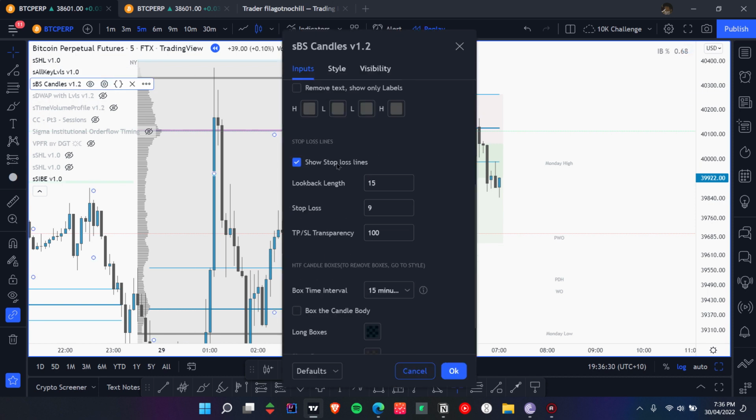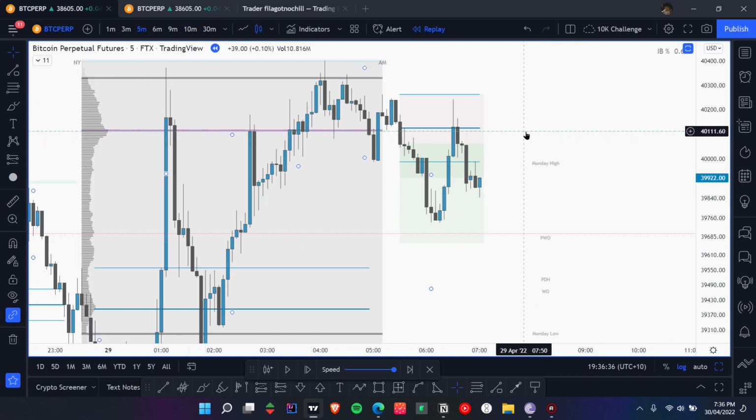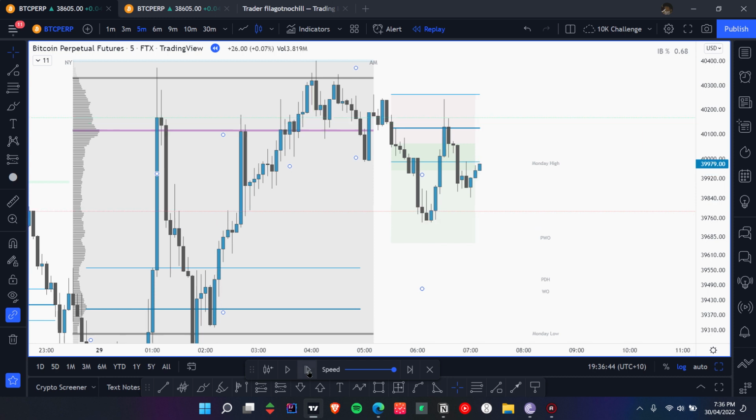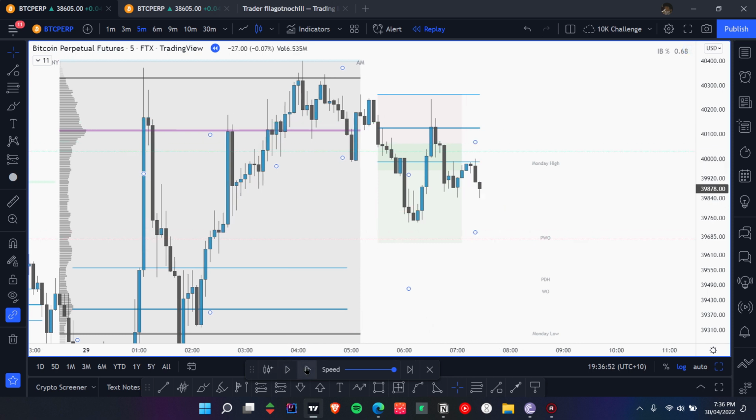I removed everything except to show the stop loss lines. Now you can make it a trailing stop loss and basically move your stop loss here. As the price is moving, just move your stop loss here on each candle. Once the candle is closing, it's moving.